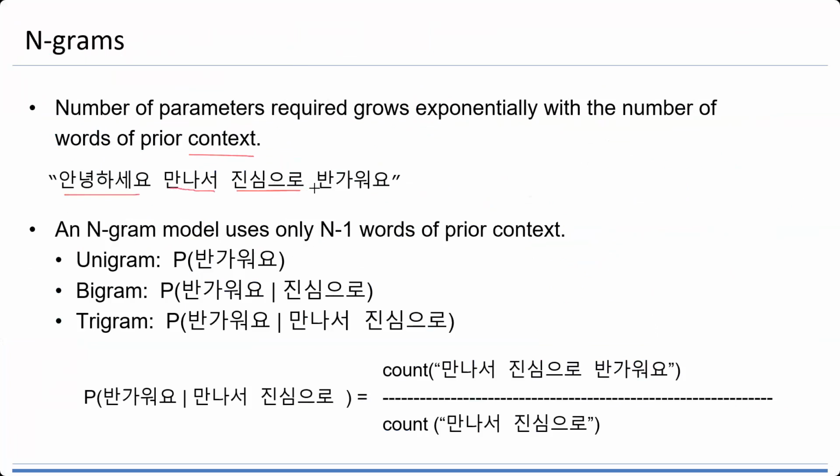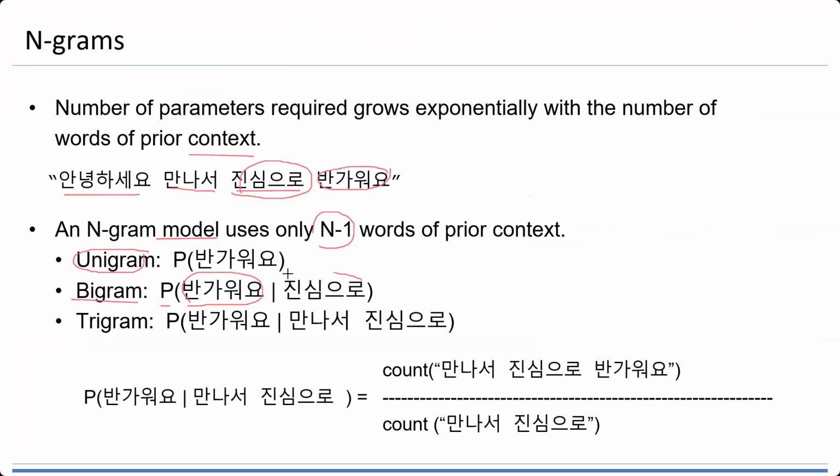Then, if we want to make a model with the n-gram, we can have the unigram. For example, I want to know the probability that the word 반가워요 appears. If I use the bigram, I want to know the probability of the word 반가워요 given the previous text. So n minus 1.